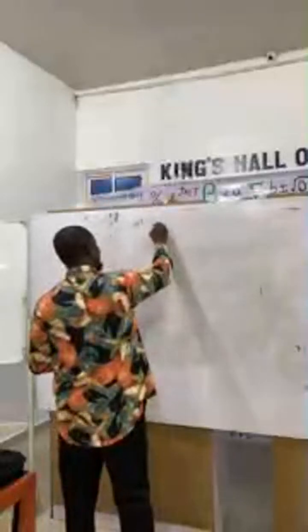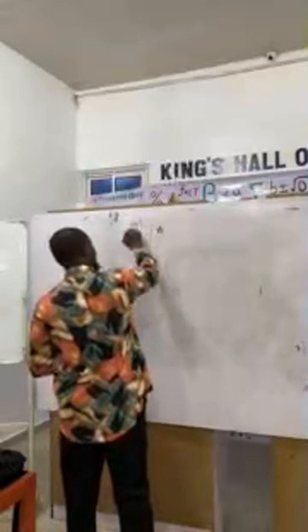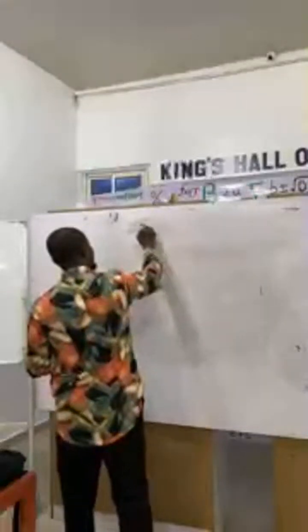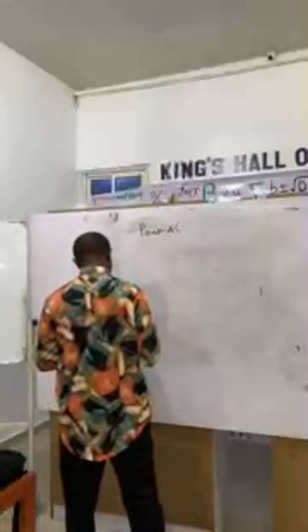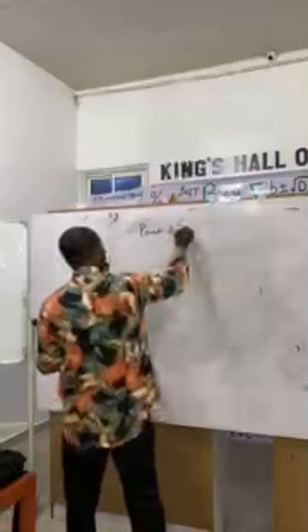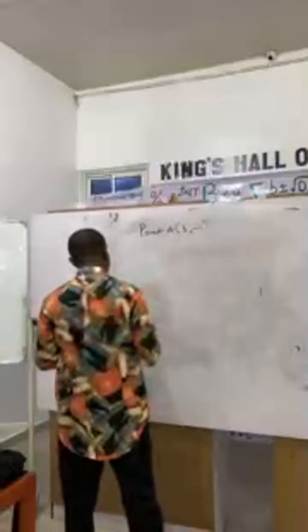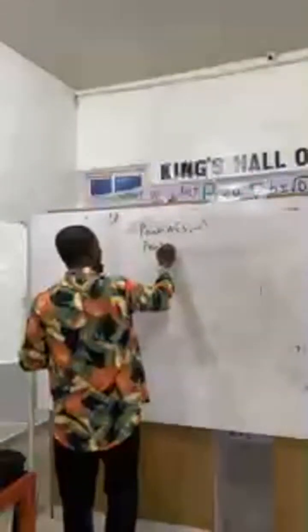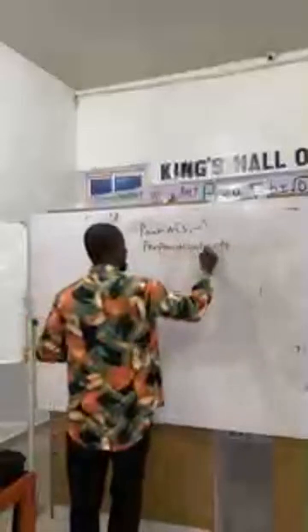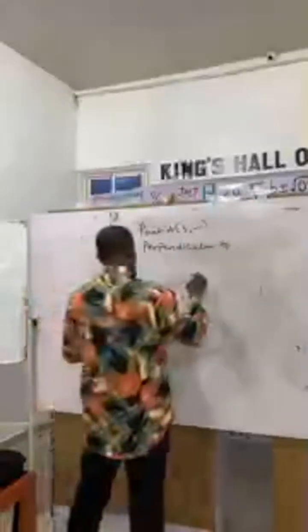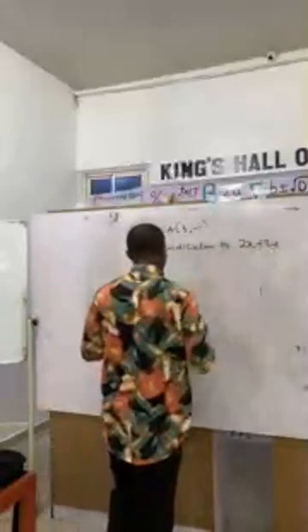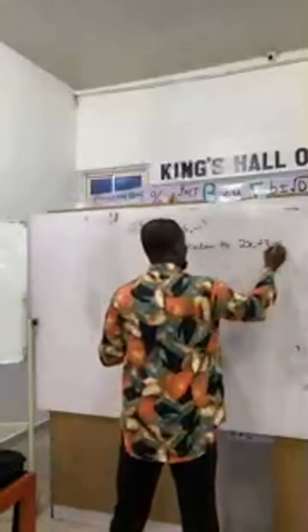Question number 19. Find the equation of the straight line through the point 3 and minus 1 that is perpendicular to 2x plus 3y equals 3.